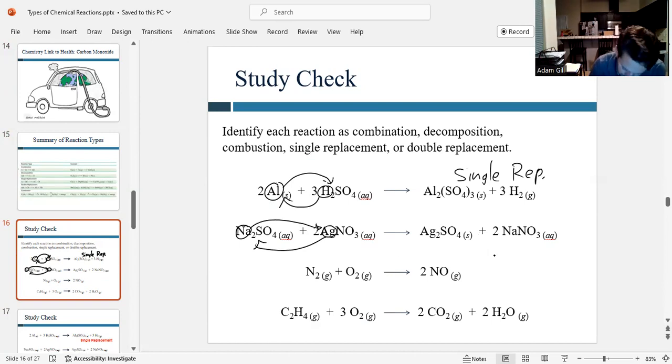And so this one's going to be a double replacement. This third one, we have nitrogen and oxygen combining to make nitrogen monoxide. This looks like a combination. And the last one, we have C2H4 plus oxygen making CO2 and water. This looks like combustion to me.